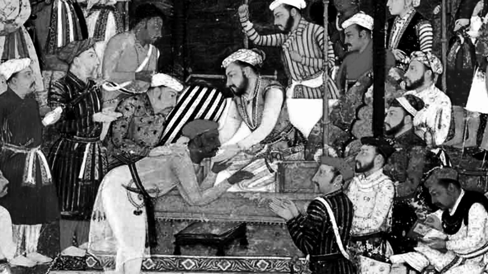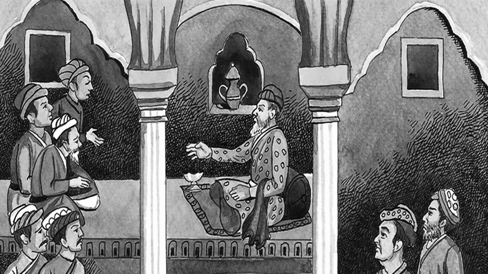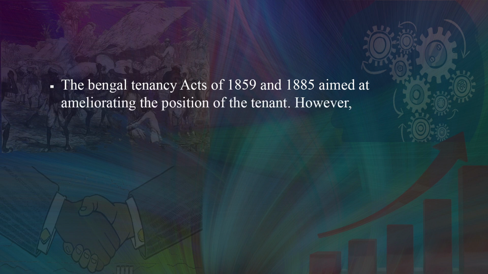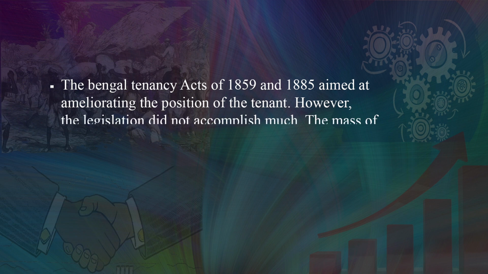In course of time, a series of intermediaries developed between the Jamindar and the cultivating tenant, whose condition thereby increasingly deteriorated. The Bengal Tenancy Acts of 1859 and 1885 aimed at ameliorating the position of the tenant.